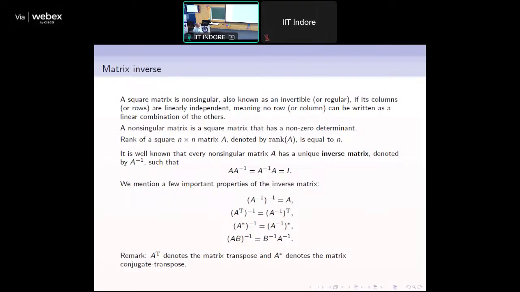Here are mentioned four main properties, which means that the inverse of the matrix inverse leads to the initial matrix. Here is a relation between matrix transpose and matrix inverse, and a relation between conjugate transpose, A star, and matrix inverse. And here is the reverse order law, a well-known property for the usual matrix inverse, but not satisfied for both the Penrose inverse and other kinds of generalized inverses frequently investigated in the literature.